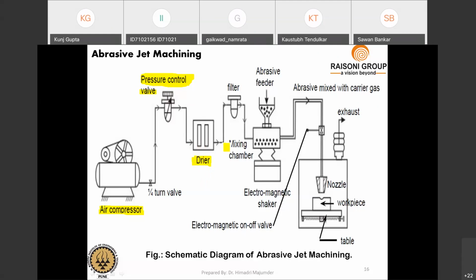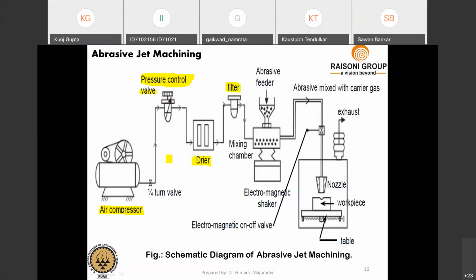After that, another filter is there. If there is any impurity in the air, it will get filtered, and other things which are not needed for abrasive jet machining will get filtered using this filter.